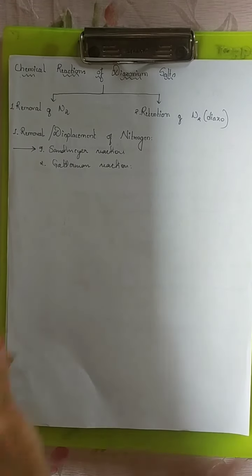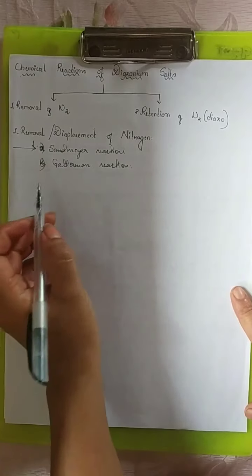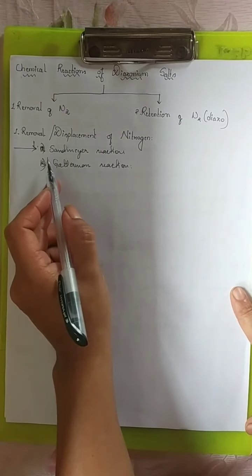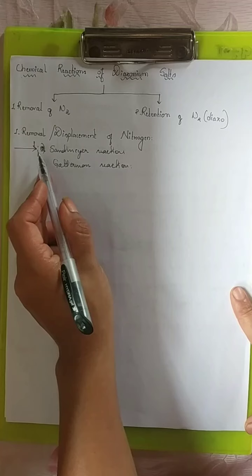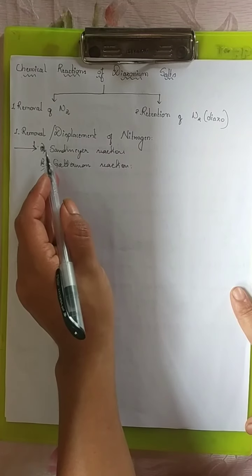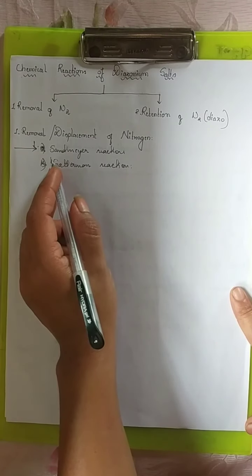This is A, this is B. Now this is for the displacement of the diazo group. The first group is replacement by a halide or a cyanide ion.